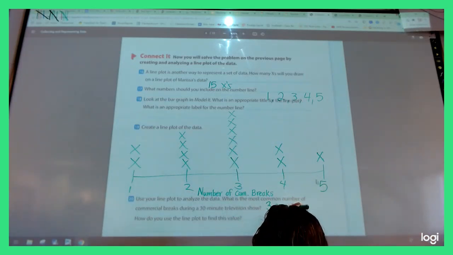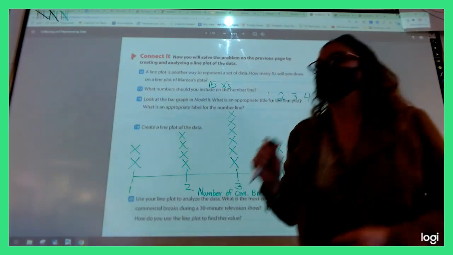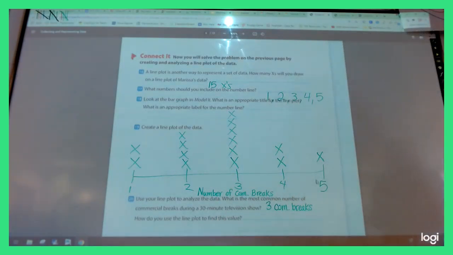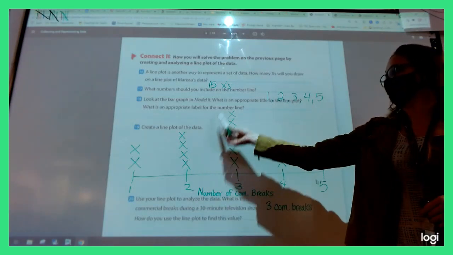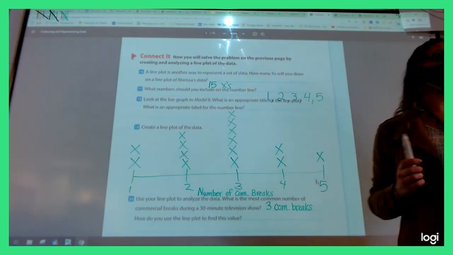You can abbreviate that if you'd like. And how do you use the line plot to find that value? Someone that thinks they can explain that for me. Noah? We counted the 3s in the chart they gave us. Okay. So, well, we made our own chart, right? They're asking about this. How did we find how many 3s we had from our chart? Oh, we counted the X's.